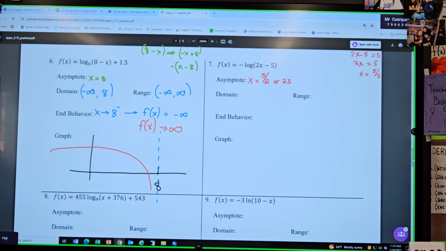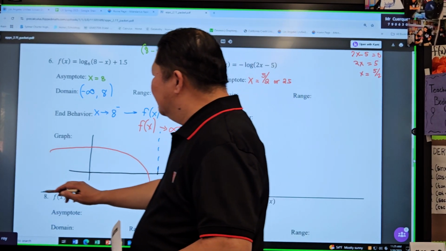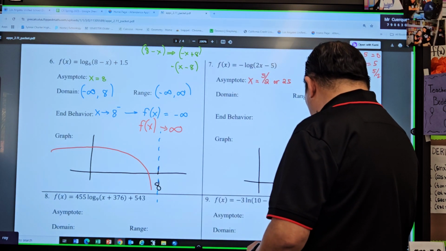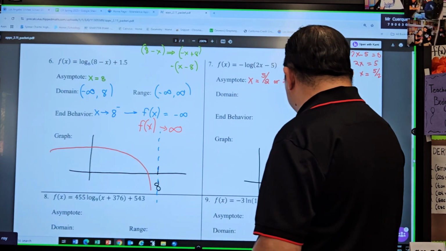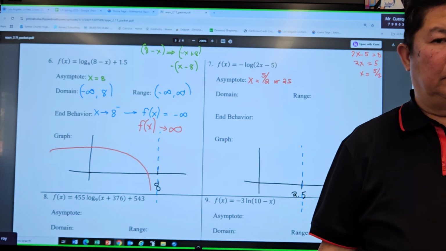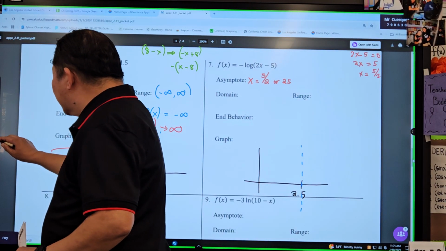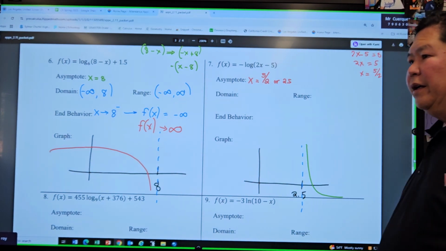How about the domain? If we sketch the graph, this is 2.5, so this is the vertical asymptote. And where does the graph go? If you graph this one, the graph looks like this.